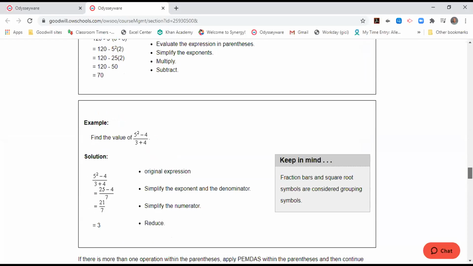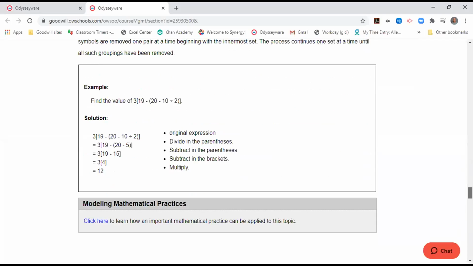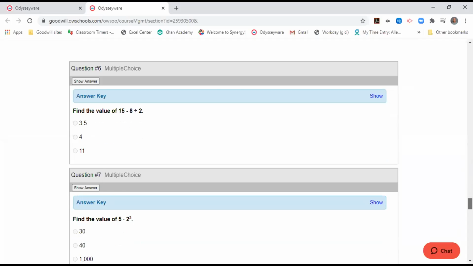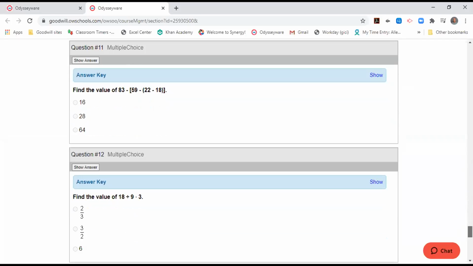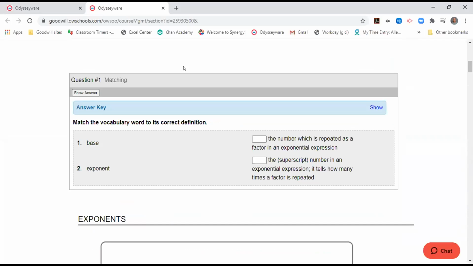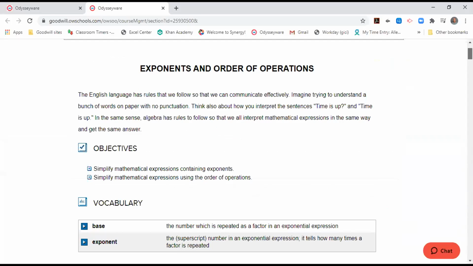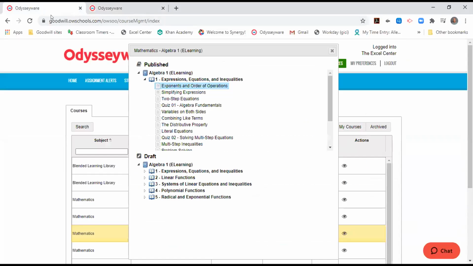Lots of examples there. If you work through those examples and you're not understanding something, that's where you probably need to text me. Now, for those of you that have been in Odysseyware before, you know that there is a message function. You can send a message to me, but if I'm not on Odysseyware at that moment, I'm probably not going to see it because Odysseyware does not notify me.